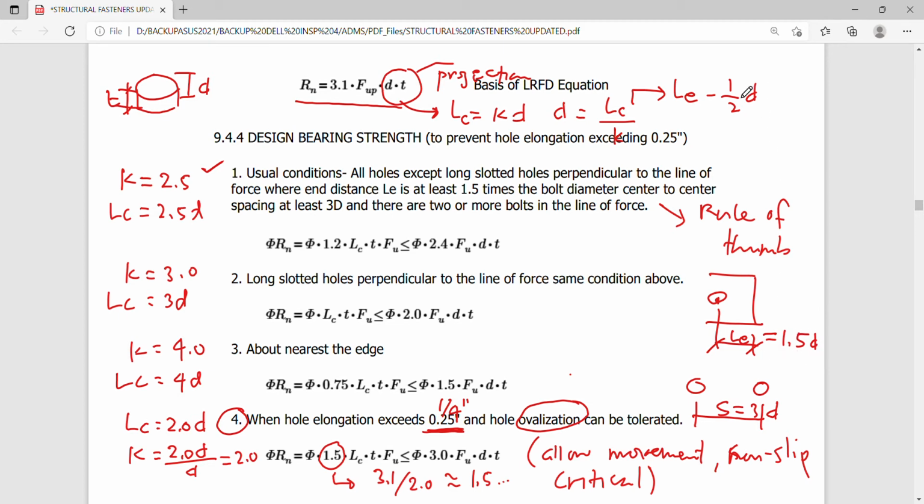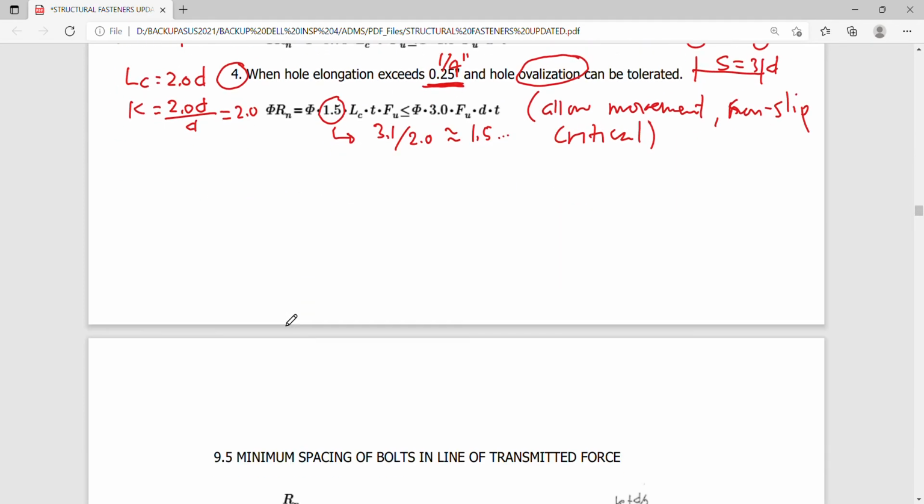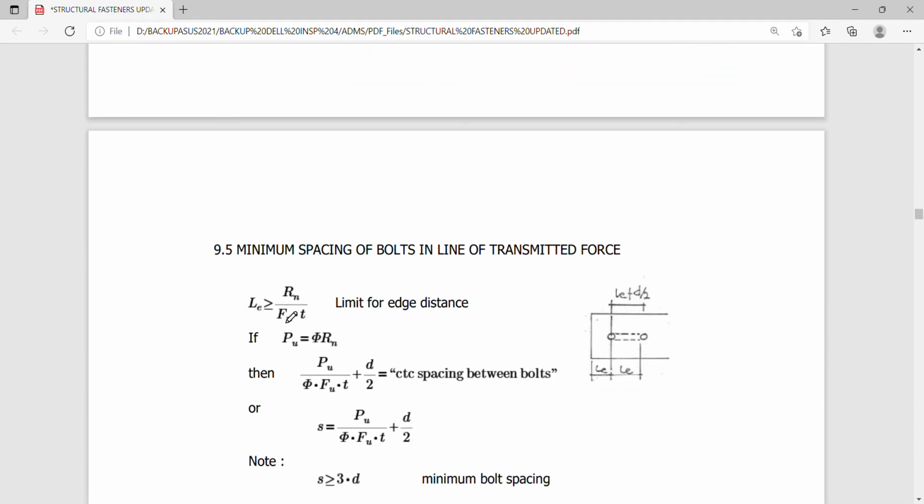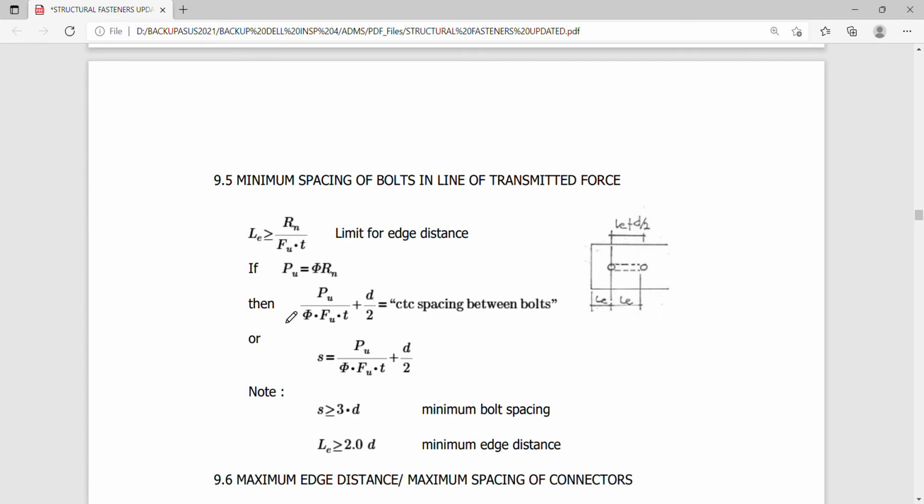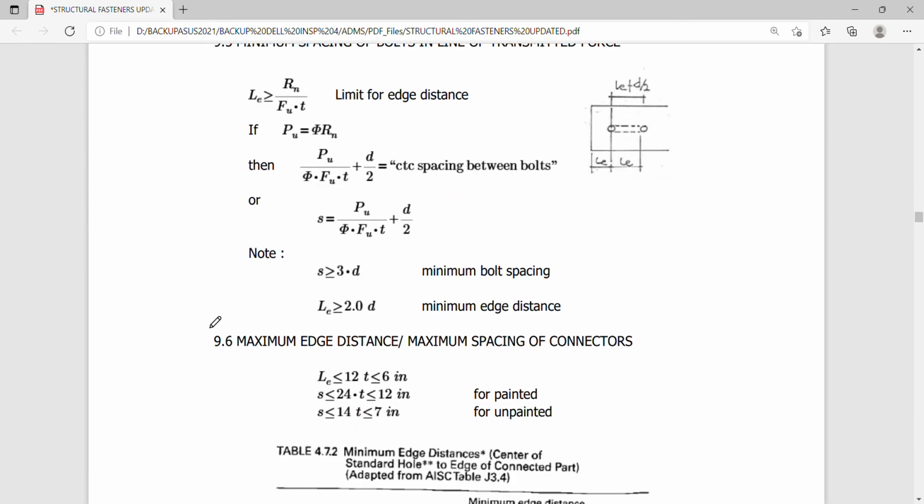The only difference is this half diameter decrease on LE as far as LC is concerned. So the formula here, as based on this LRFD equation, is very much conservative. For the minimum spacing of the bolts in line of the transmitted force, we can now define the formula upon which the above equation was derived again. So Rn is simply equal to Fu T times Le.